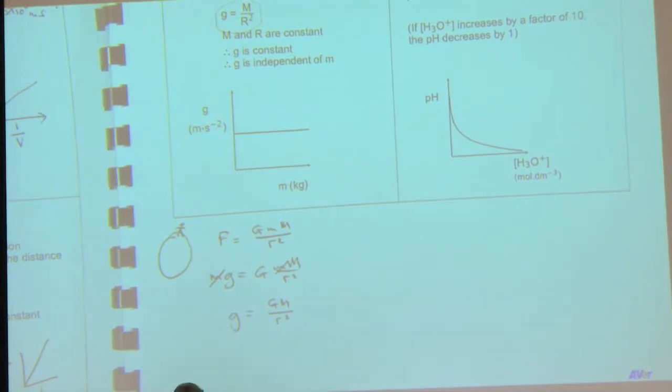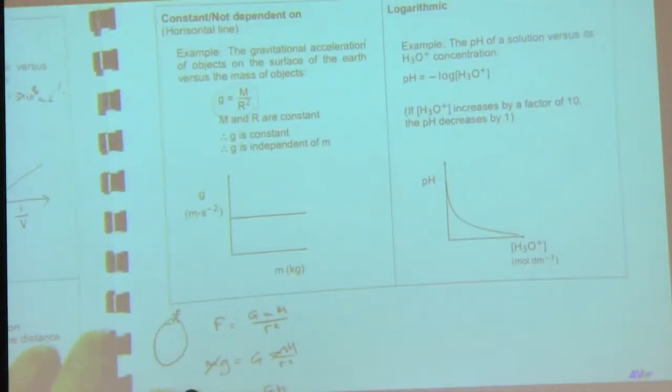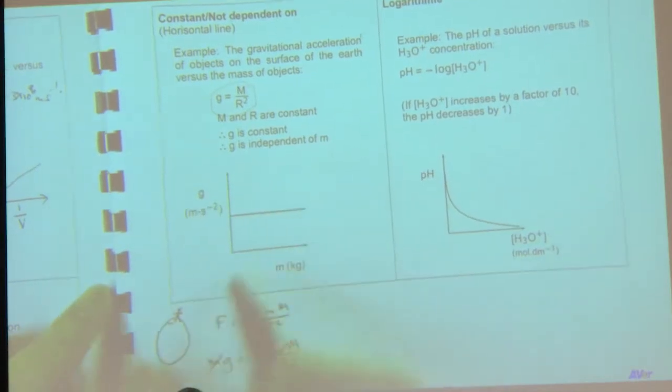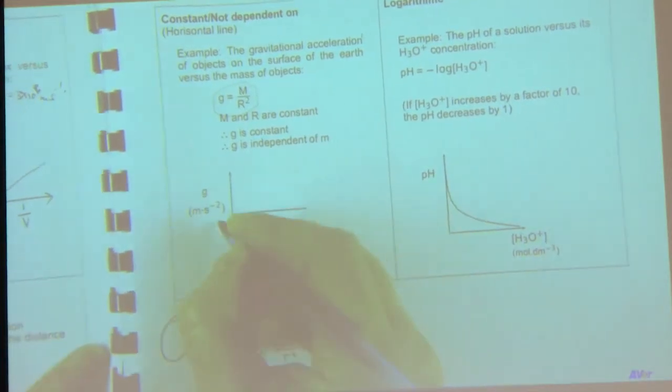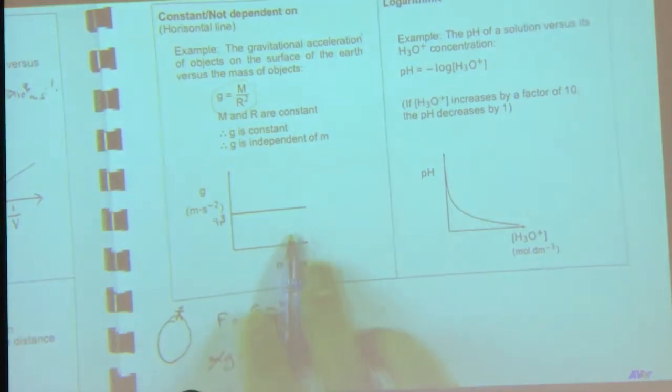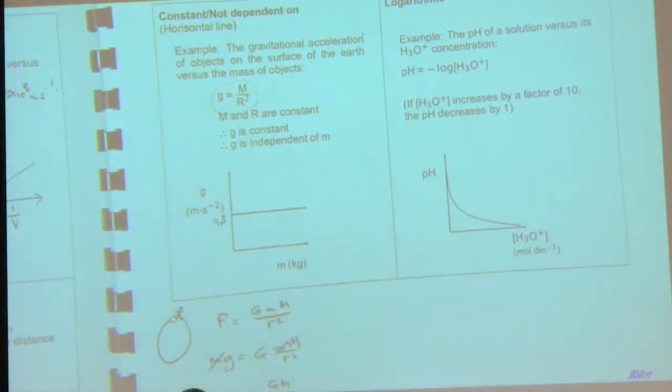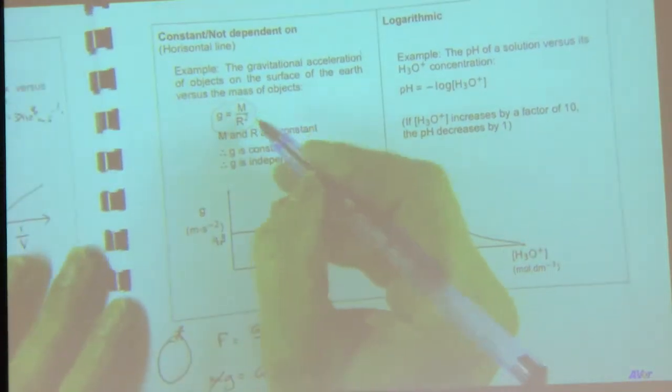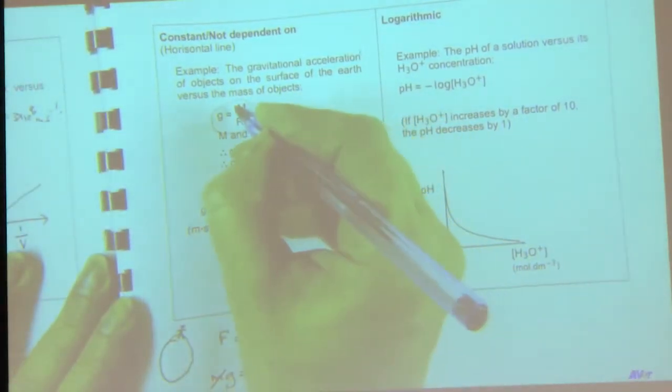So if you look at the graph, and they ask g against different masses, then g doesn't change. It's 9.8. It doesn't matter if the mass is 2 or 4 or 6 or 8 or 10 kilograms. It's all falling down at 9.8 meters per second squared. If you look at your equation, I think the big G is missing there.